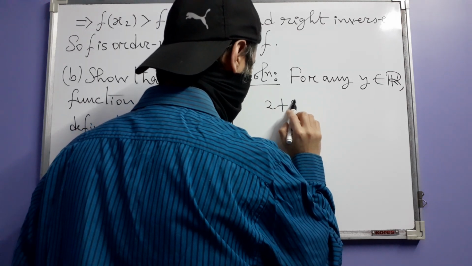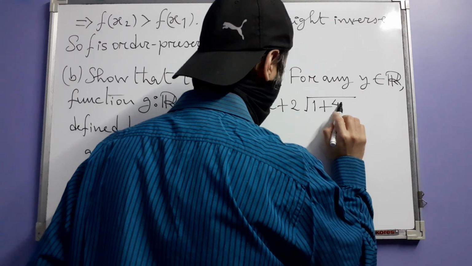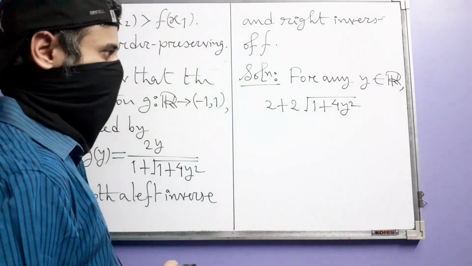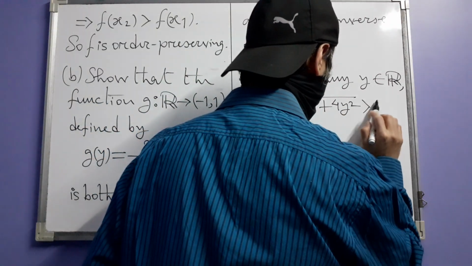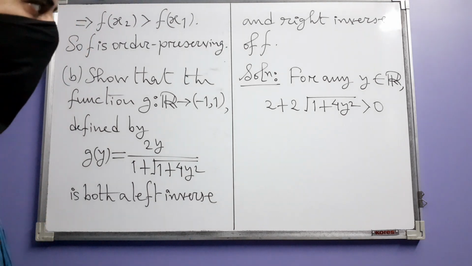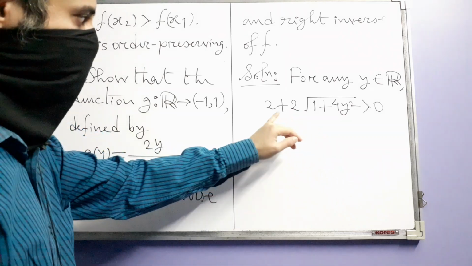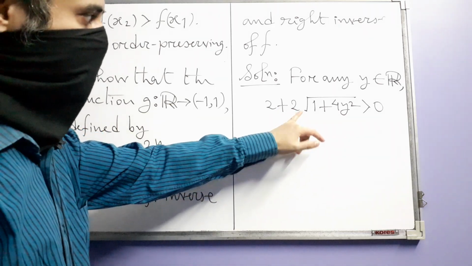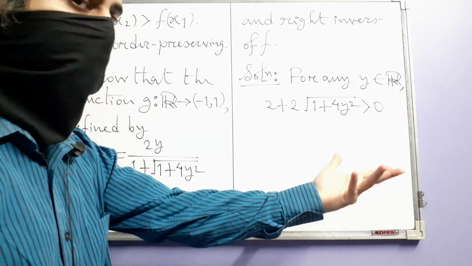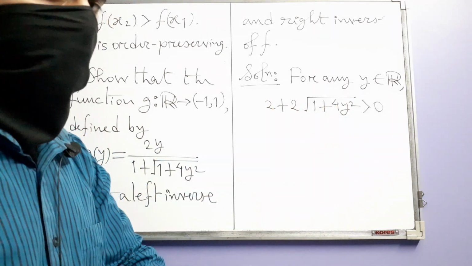2 plus 2 times square root of 1 plus 4y squared of course is positive. Right. There is no possibility of this ever being negative. 2 is positive, 2 is positive, and this square root by definition is the positive square root of something. That something is 1 plus 4y square.